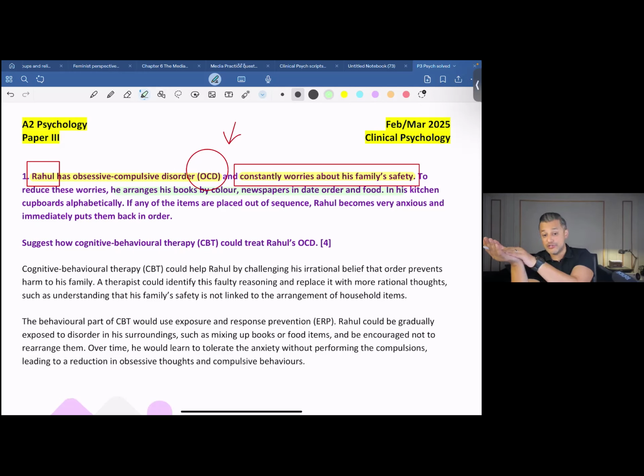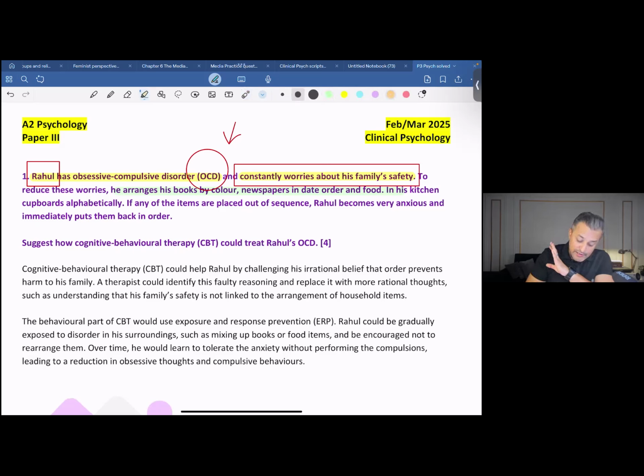Someone who fears germ contamination starts washing his hands repeatedly, which would make him feel safer. However, there are certain instances where your obsessions, that is your reoccurring thoughts, do not really align with your compulsion. So this is a case like that. To reduce these worries, he arranges his books by color, newspapers in date order, and food in the kitchen cupboards alphabetically.